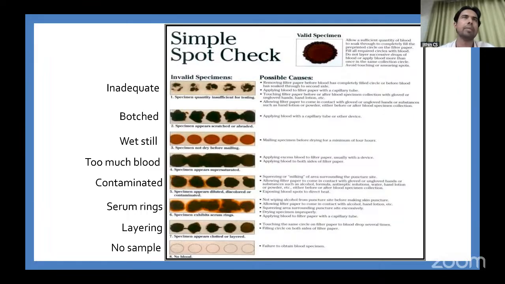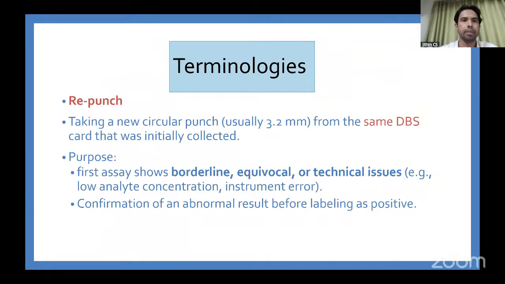Sometimes it is contaminated with the alcohol solution. Sometimes we squeeze so much, but the blood won't come, only serum comes. And sometimes we put 2 or 3 drops of blood on the circle. This is called layering, and it is also not an acceptable specimen.